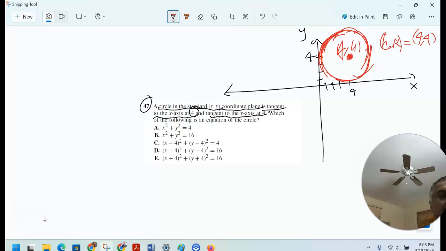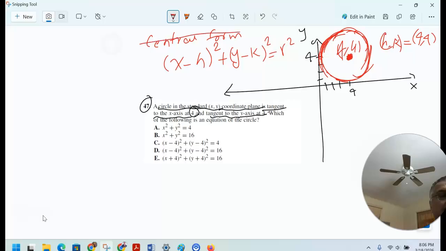And when we write it in the center form, the equation of a circle is x minus h the whole square plus y minus k the whole square equals r square. I mean, this is the standard form.